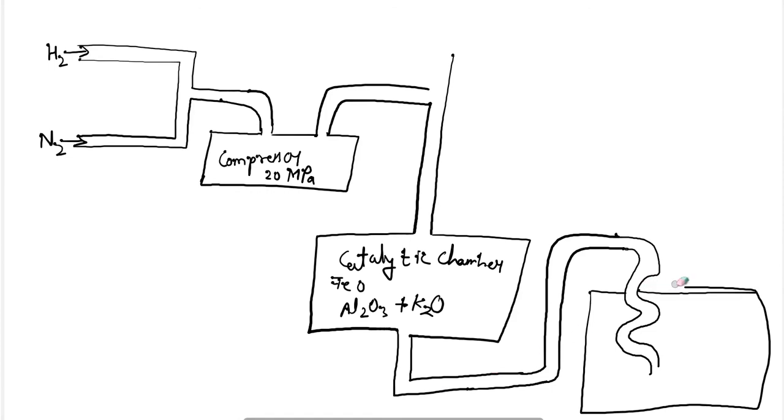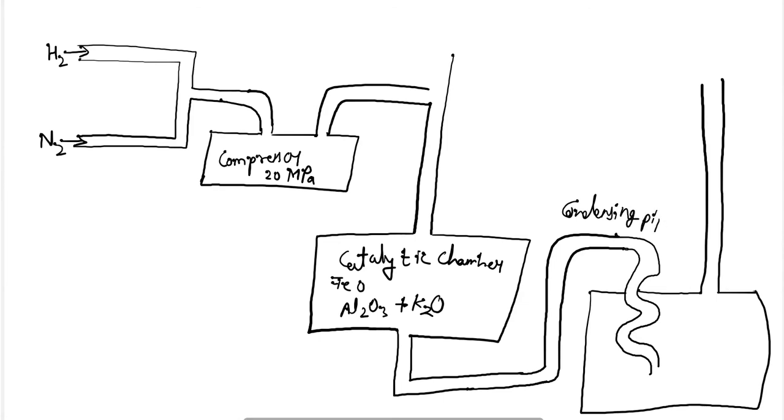The reaction taking place here is a reversible reaction. So due to it, nitrogen and hydrogen gas is also regularly produced in the condensing pipe, in the chamber where we are storing the liquid ammonia.